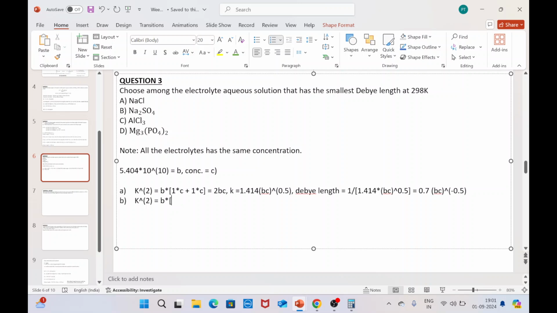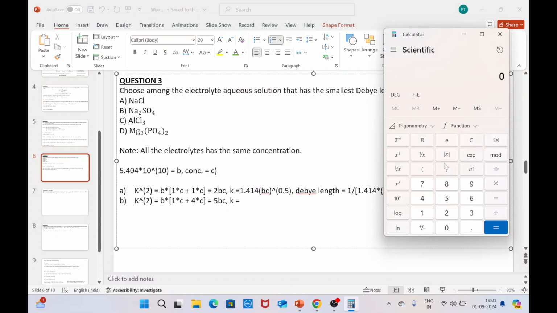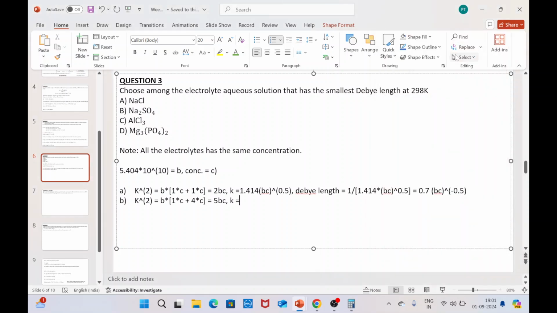So it will be 1 square, that is 1, times c, plus SO4 2 minus, that is 2 square, so 4, times c. This is nothing but 1c plus 4c, that is 5c. So 5bc. So kappa will be root 5, that is 2.23, times bc power 0.5.